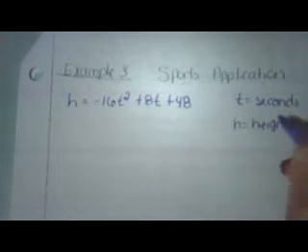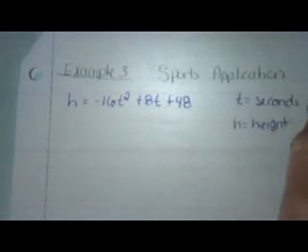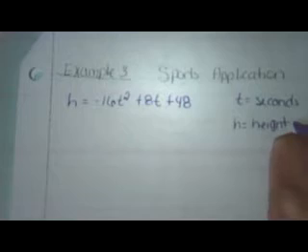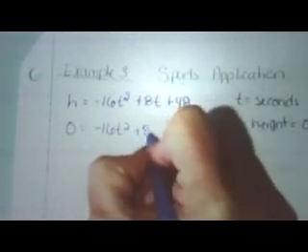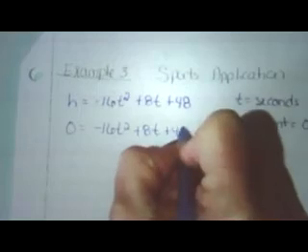We remember we're trying to find how long it takes before she reaches the water again. So we want our height to be 0. So I'm going to take 0 and plug it in for h. So I get 0 equals negative 16t squared plus 8t plus 48.